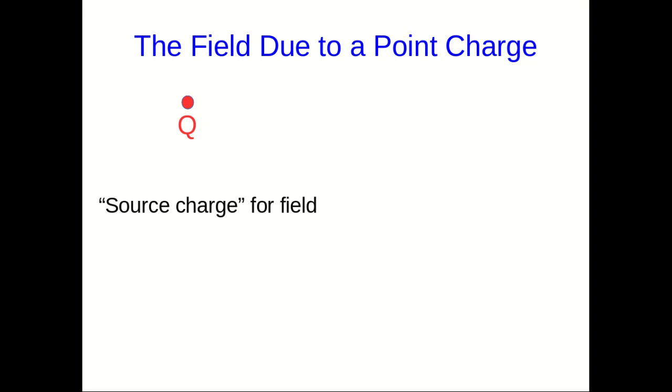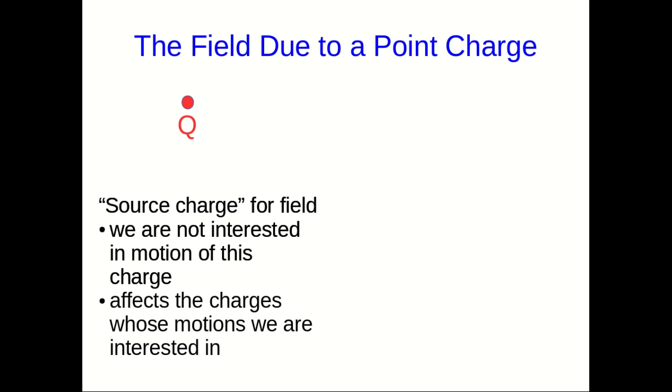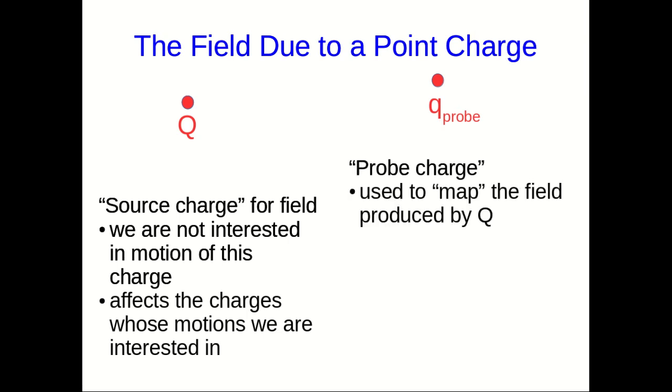Now, if we're thinking about it as a source charge, then we're not interested in the motion of this charge Q. We are thinking of it as the source of a field which will affect the motion of other charges that we may be interested in. On the other hand, we can bring in a probe charge, and we would use it to map the field produced by Q. Now, it of course would produce its own field, but we're not interested in that.